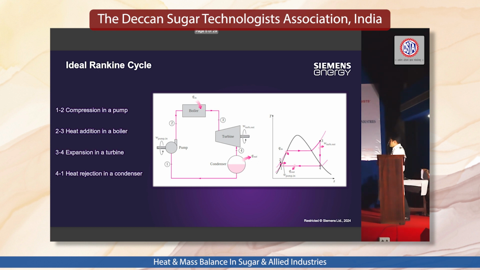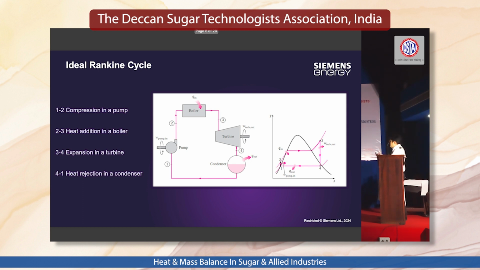The first is 1 to 2, where compression is done in the pump, where the water pressure is increased, and that high pressure water goes to the boiler. In the boiler, from 2 to 3, sensible heat, latent heat, and again sensible heat is given to produce superheated steam.